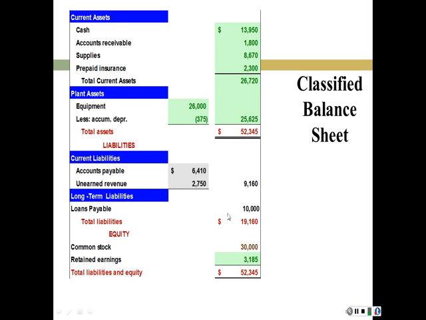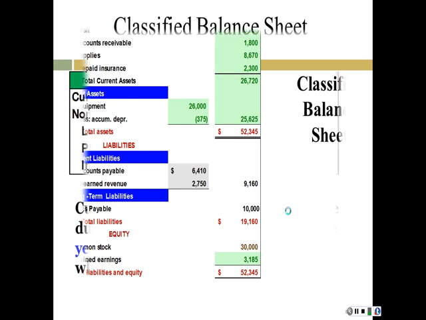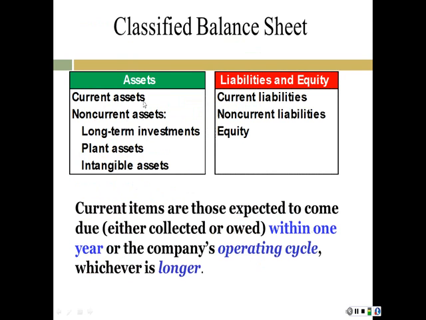So what are current assets and non-current assets? Current assets are assets such as cash and other assets that can be converted to cash within a period of 1 year or one operating cycle, whichever is longer. Examples are cash, accounts receivable, supplies, and prepaid accounts. All these are current assets.